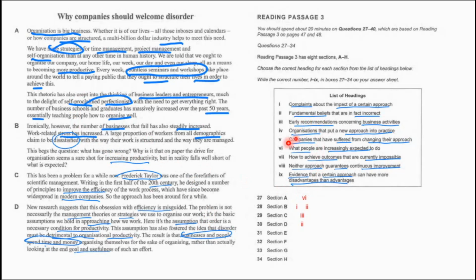Organizations and companies they didn't mention here, so it should not be our answer. I mean, the fourth and fifth should not be our answer. Outcome and expectation, what people have to do, and approaches. No, they didn't mention approaches. Only one approach they mention in this one. And any advantages or disadvantages they mention? No, they didn't mention any advantage or disadvantage in the first 2 or 3 lines. So let's move to the next question.